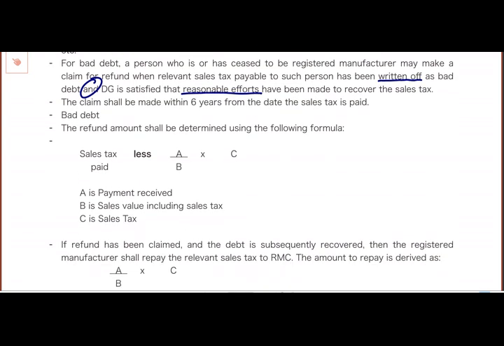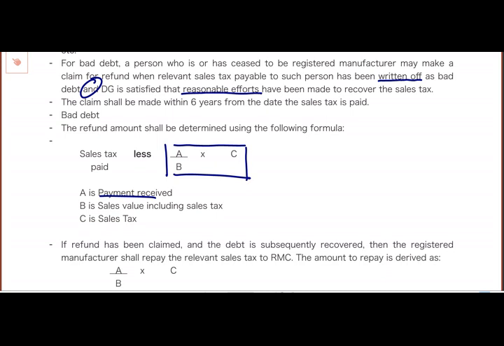How do you know the amount of refund you're going to claim? This is how you calculate the refund. You take the sales tax that you have paid minus the sales tax that you cannot recover. Now, the sales tax that you recovered is basically: A is the amount that you receive, B is the total value inclusive of the sales tax, and C is the amount of the sales tax.